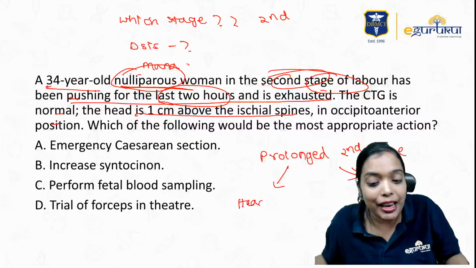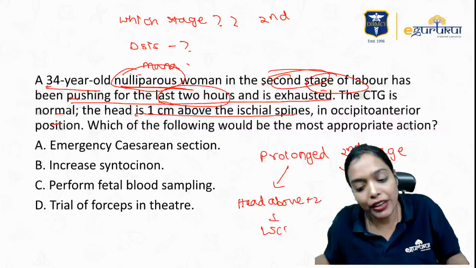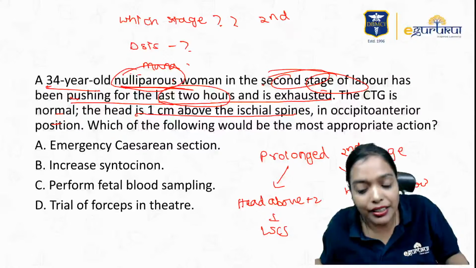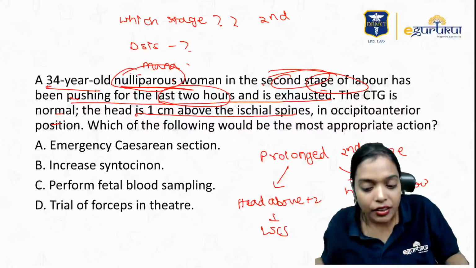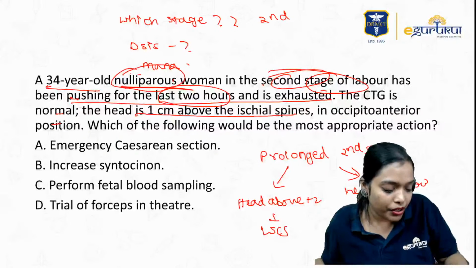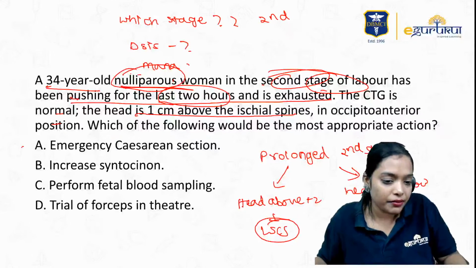If the head is above plus 2, you go for LSCS. If head is below plus 2, you go for vaginal delivery, which can be forceps or vacuum, right? So as it is head above plus 2, you're going for LSCS. So emergency cesarean section.